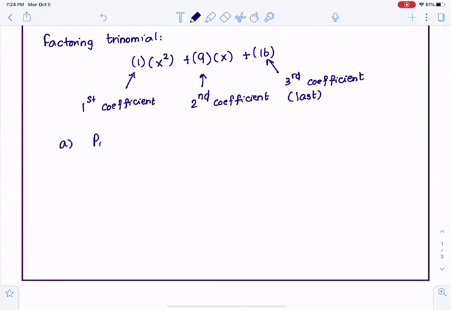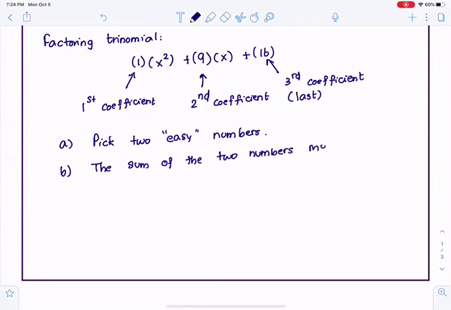First, you pick two numbers. I'll say easy numbers, numbers that you can work with easily. And the sum of the two numbers must equal the middle, or the second coefficient.